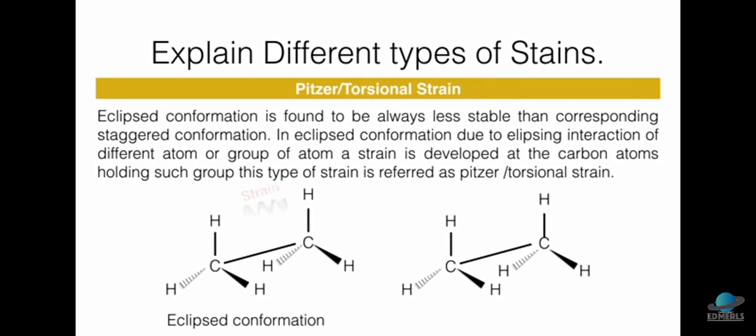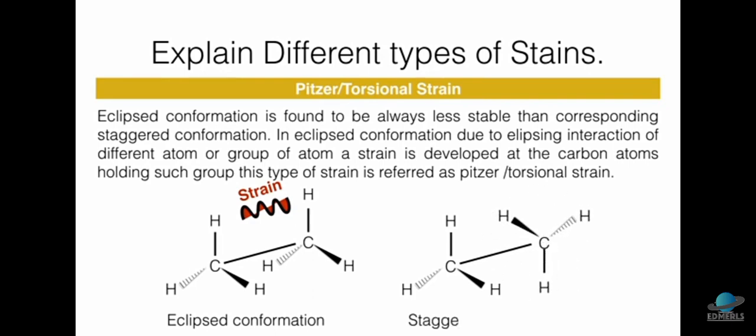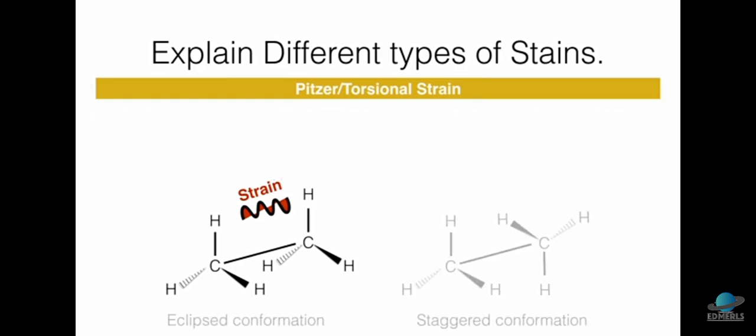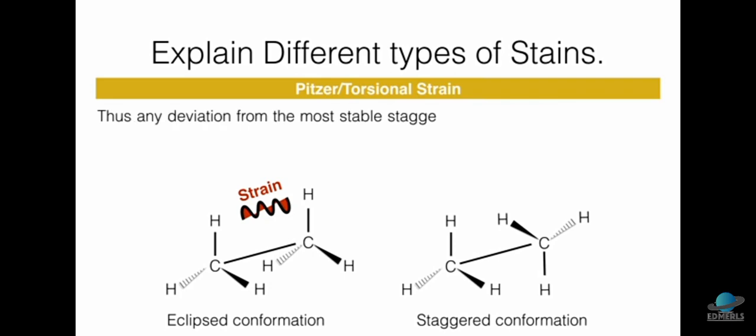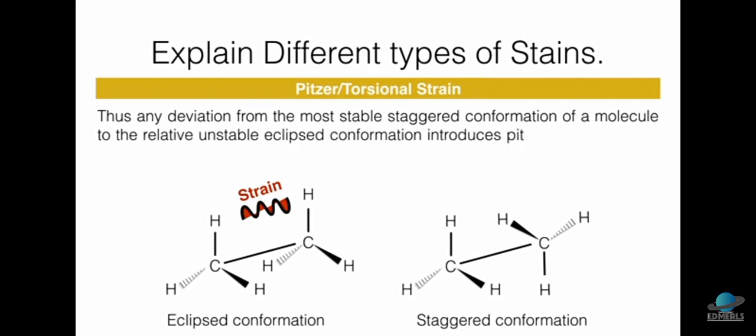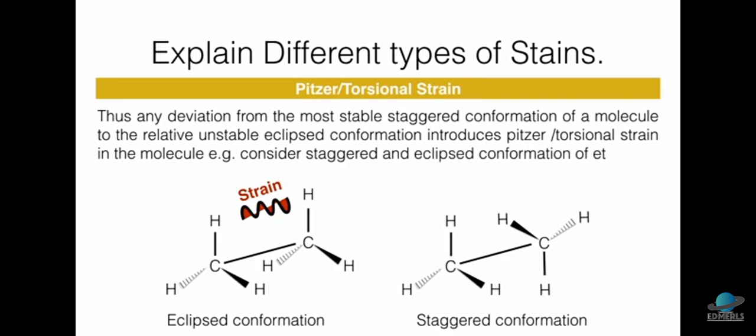For example, in the case of the ethane molecule, the eclipsed conformation has hydrogen atoms very close to each other, and that's why there is strain formation over here. While in the staggered conformation, the hydrogen atoms are placed far away from each other. Thus, any deviation from the most stable staggered conformation of a molecule to the relatively unstable eclipsed conformation introduces Pitzer or torsional strain in the molecule.